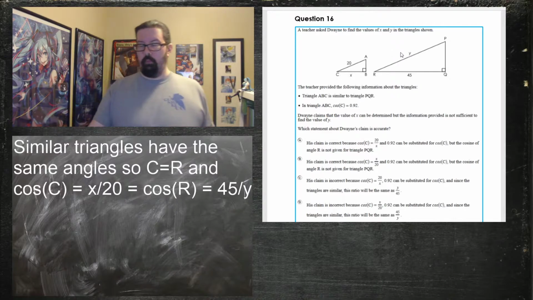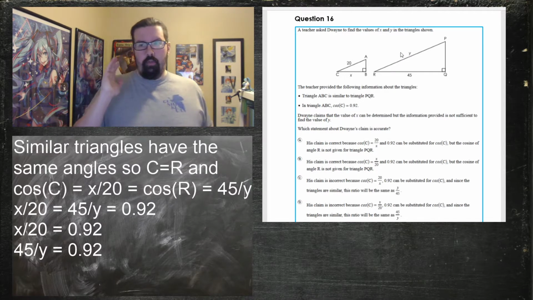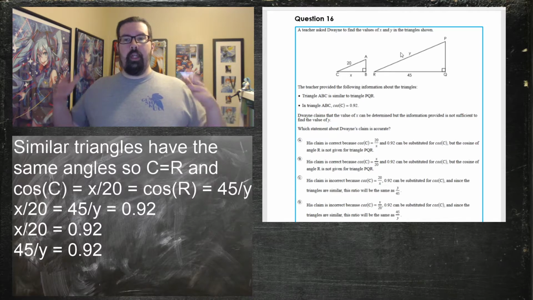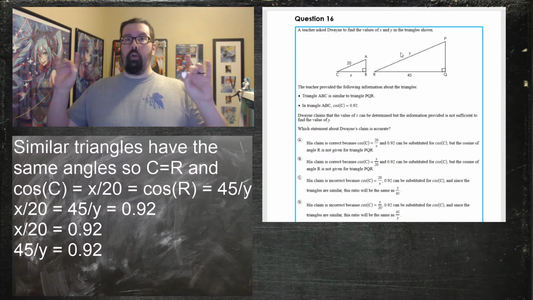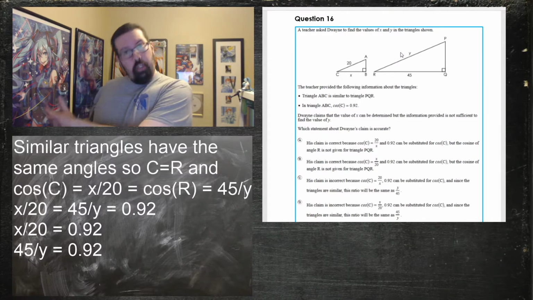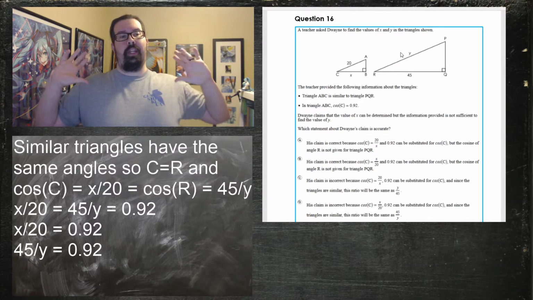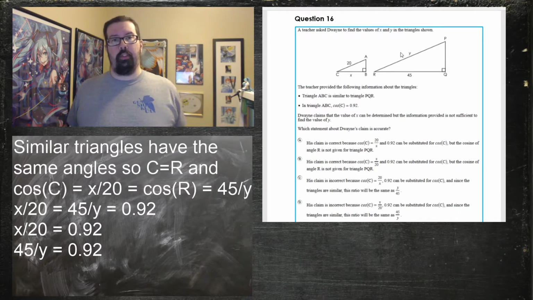Well, we can solve for things. Like all that stuff I just said, x over 20 is going to equal 45 over y. Now that can't solve anything, but we also have them both equal to 0.92. So that means that x over 20 is equal to 0.92 and 45 over y is equal to 0.92.